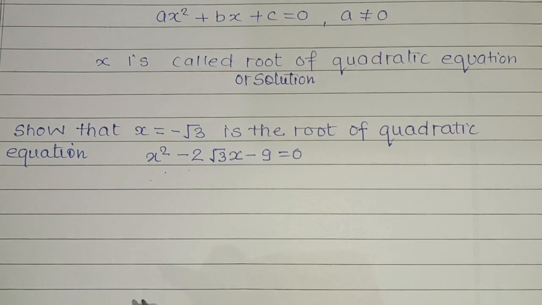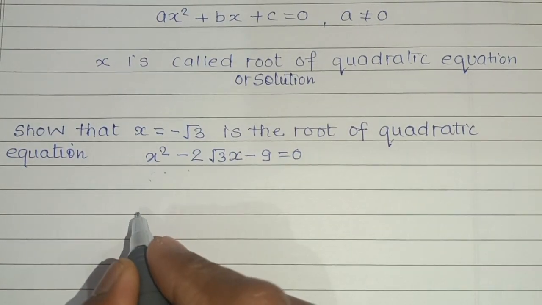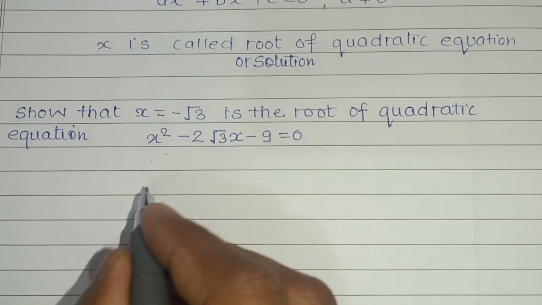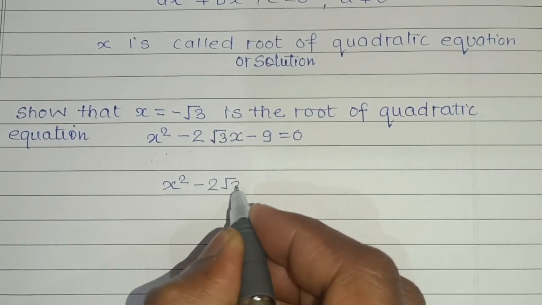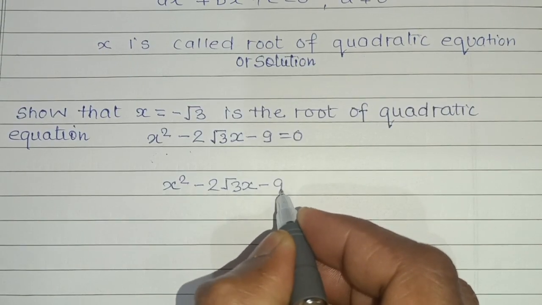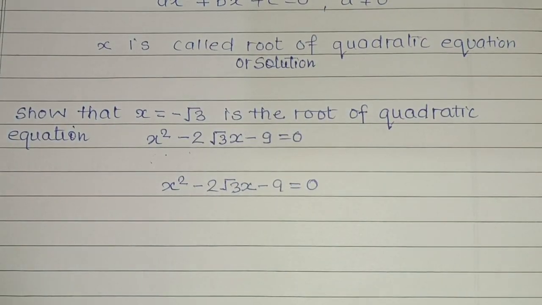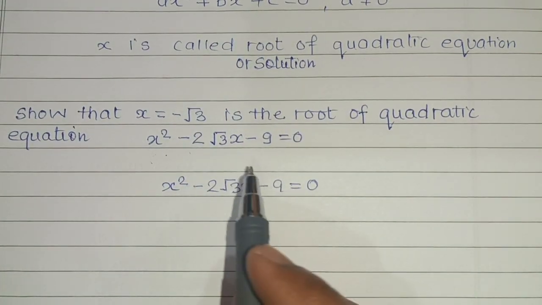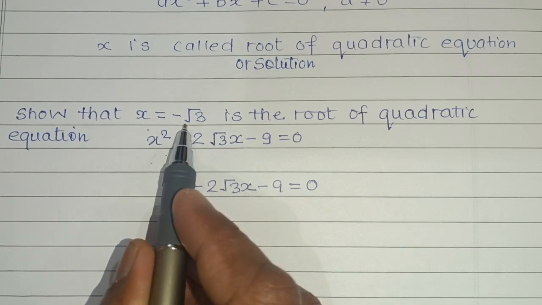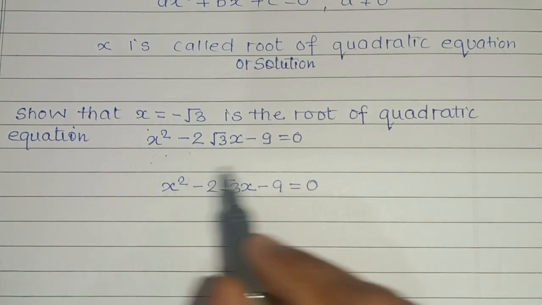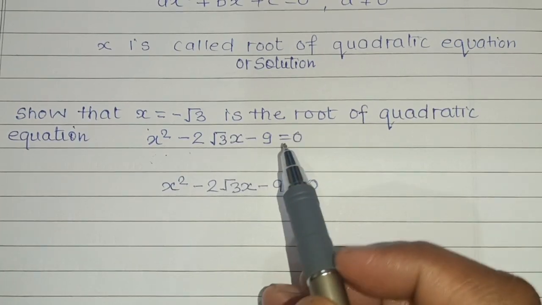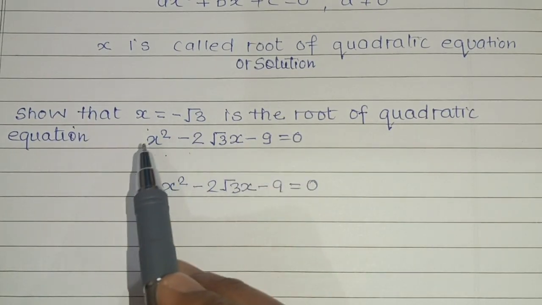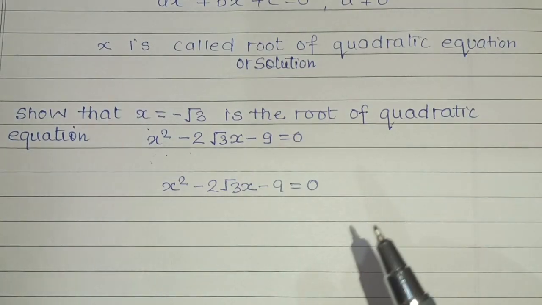So how will we solve this question? First of all, we write the equation x square minus 2 root 3 x minus 9 is equal to 0. So if x equal to root 3 is a root of this equation, then putting the value of x in this equation, we will get the solution as 0.